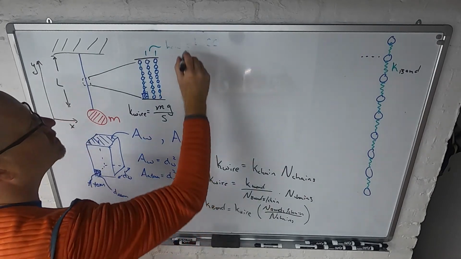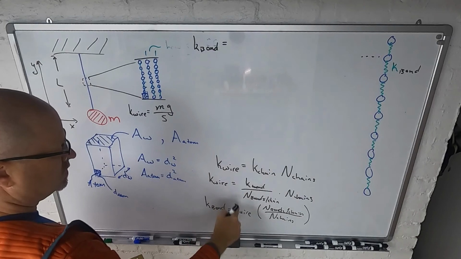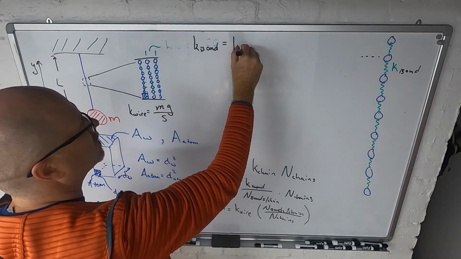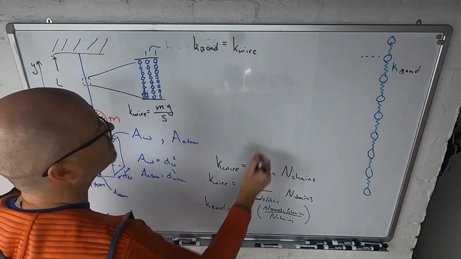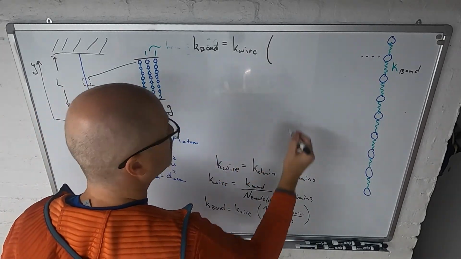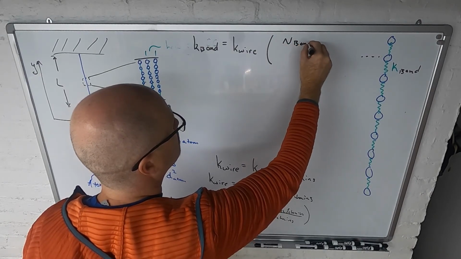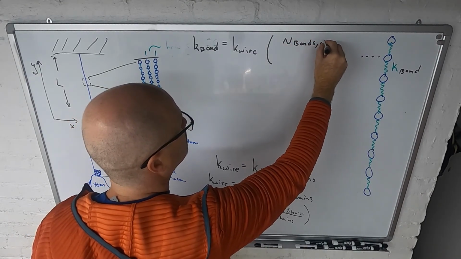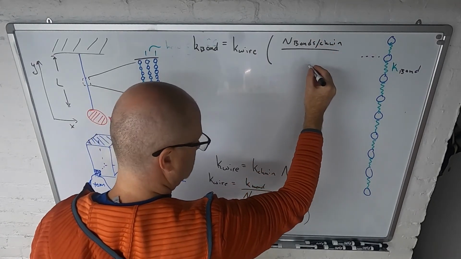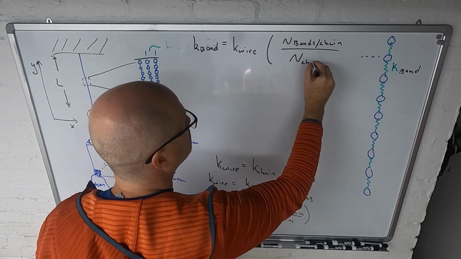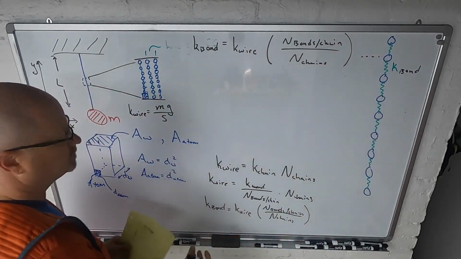K of a bond between atoms is equal to the K of the wire, a macroscopic experimentally determined quantity, times a geometric quantity, number of bonds per chain, divided by the number of chains. Chains of atoms.